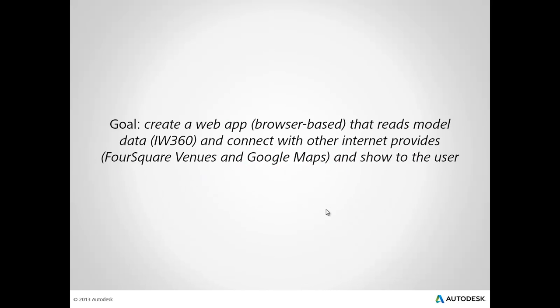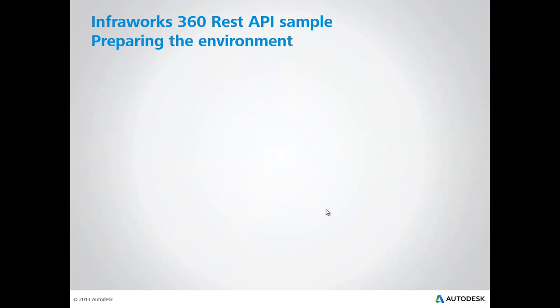How can we create a browser-based web app that reads model data from Infraworks 360 and connects with other internet providers, in this case FourSquare venues and Google Maps, and show that information to the user? This is the main goal of this example.